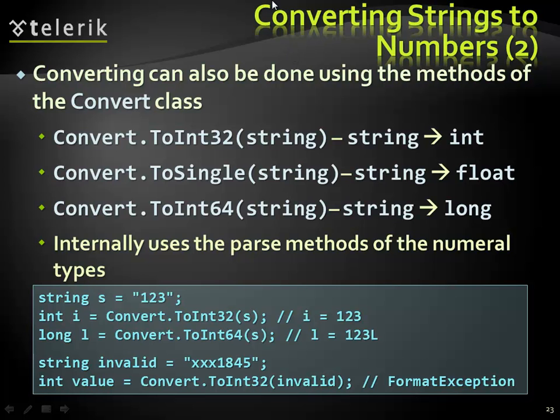So instead of using int.parse, you can also use Convert.ToInt32, and you can give it a string, and it will try to parse it and put it into an integer, a float, long, string, whatever you choose to. Again, if you try to feed it with the wrong format, it will crash.